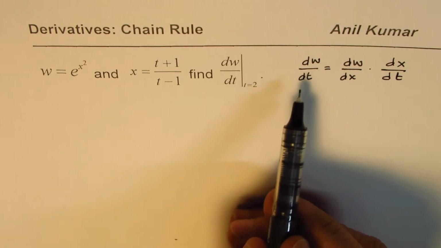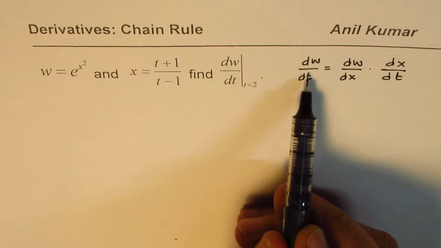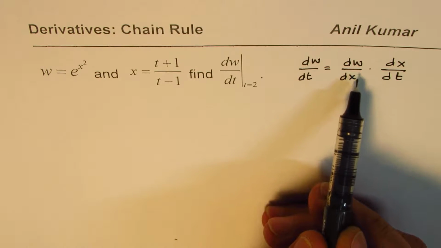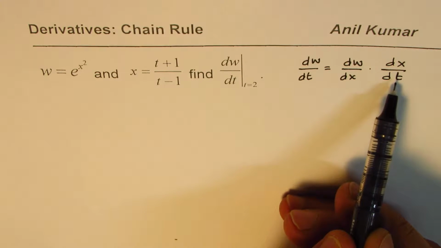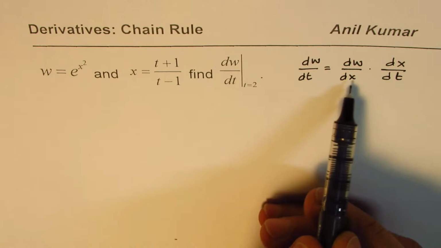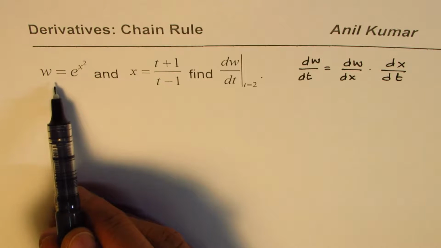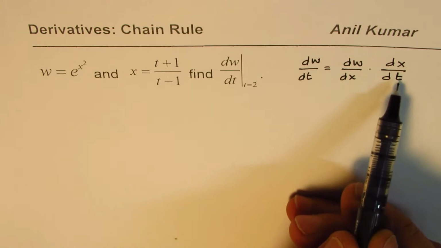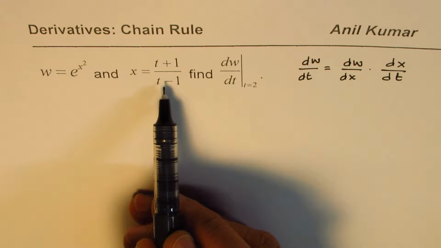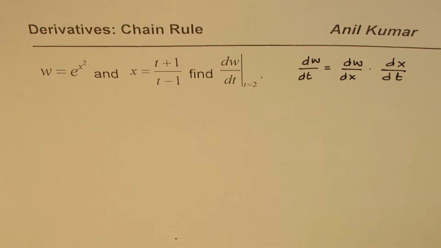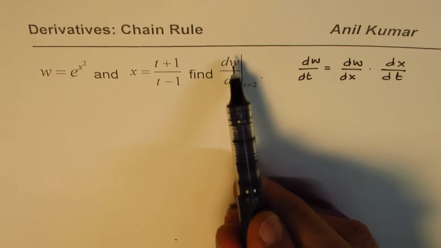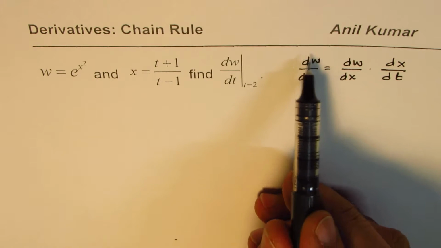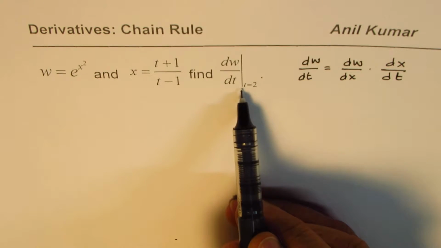We can find dw/dt as a product of dw/dx and dx/dt. dw/dx we can find by finding the derivative of the first function, and dx/dt as the derivative of the second function. So that's one part to understand. Another thing to understand is that we are actually looking for the value of dw/dt at t equals 2.